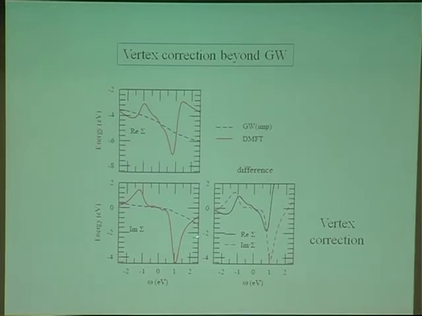The difference then gives the vertex corrections on top of the GW self-energy. Basically it gives this structure at a lower energy that gives rise to the lower and the upper Hubbard bands.